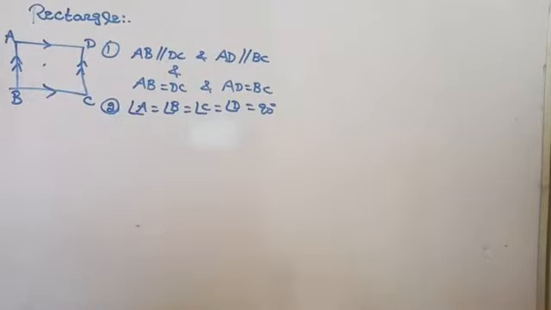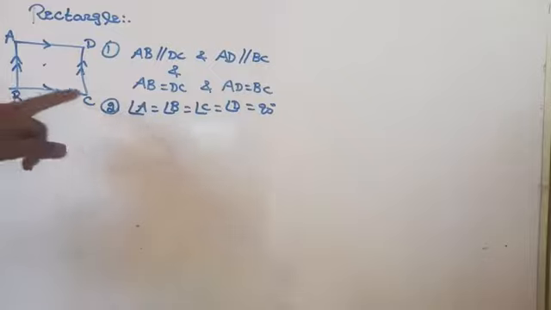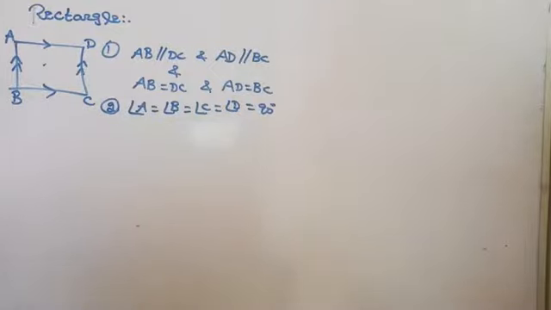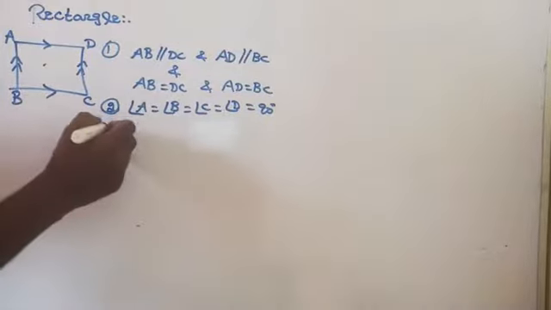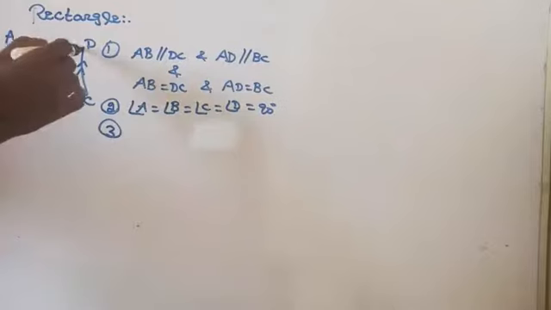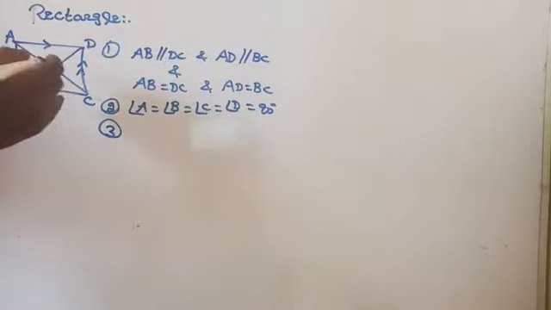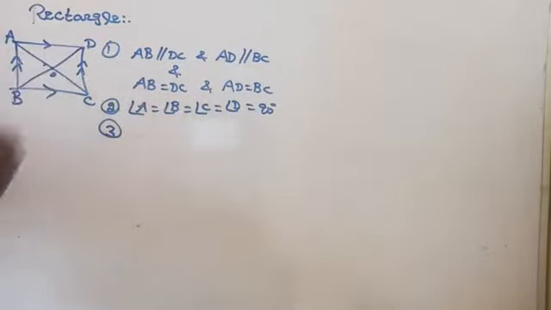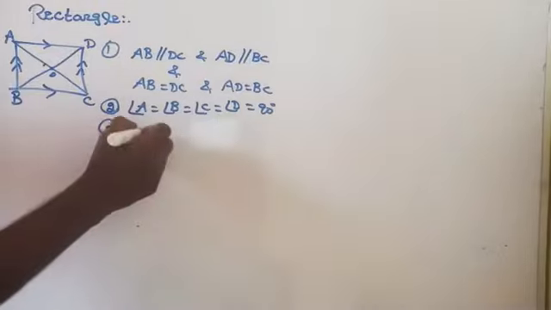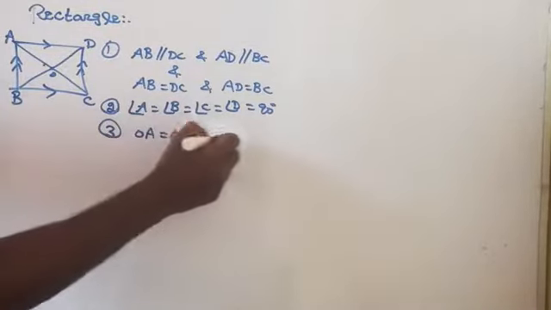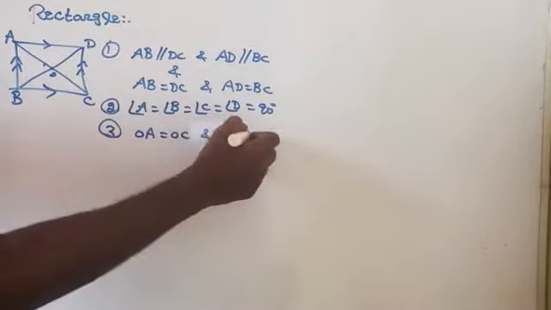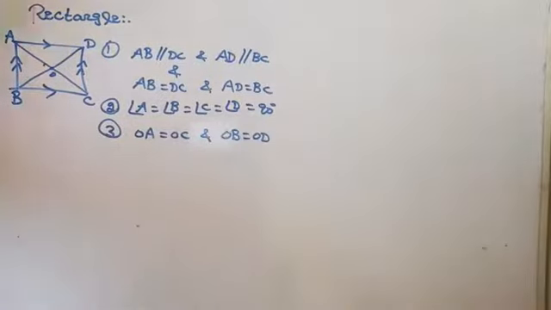And the sum of the two adjacent angles is supplementary. Then one more thing is that the diagonals bisect each other, that is OA equals OC and OB equals OD.